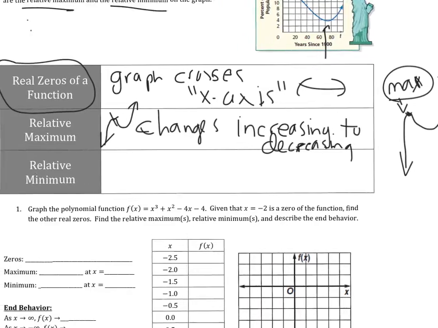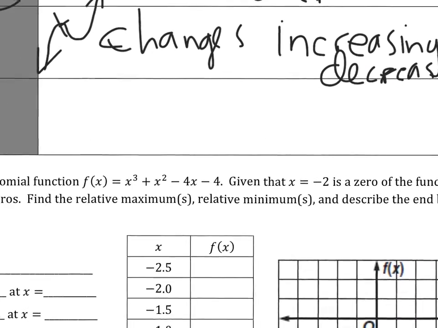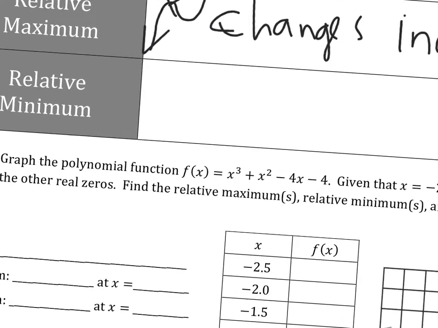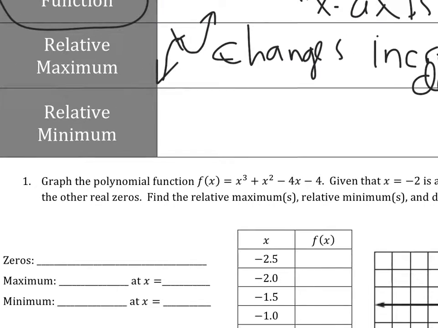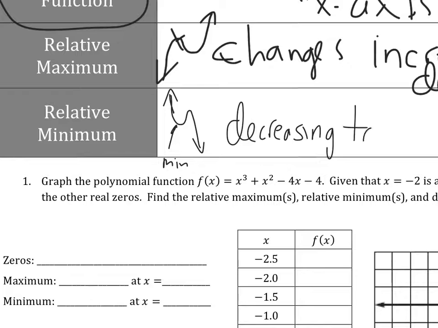Now, likewise, a relative minimum is going to be where it bottoms out. So if I have something like this, that is going to be the minimum. This is where it changes, goes from decreasing to increasing.